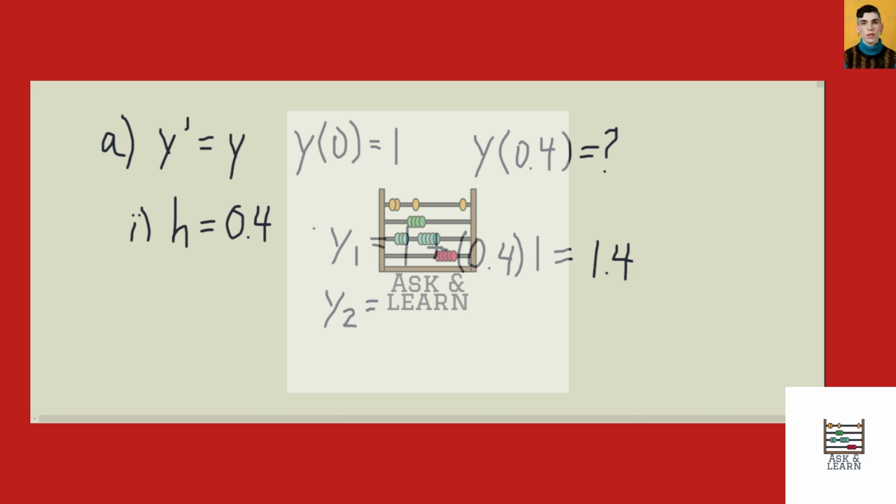y2 is equal to y1, which we have as 1.4, plus our step size, 0.4, times... okay, so we don't need to do y of 2, because y of 1 is already an approximation for y of 0.4, since we moved from 0 to 0.4 with a step size of 0.4.